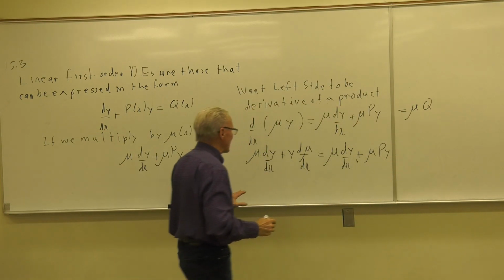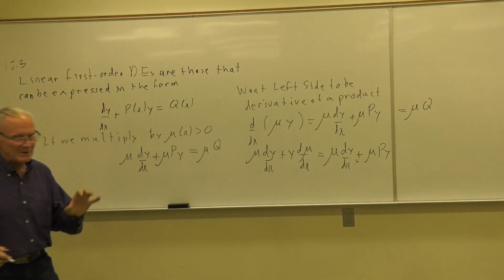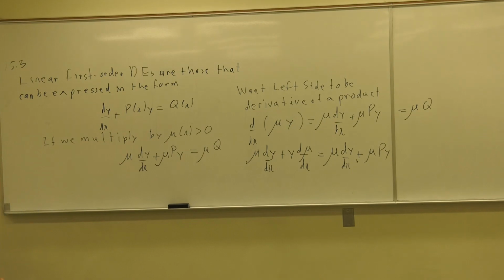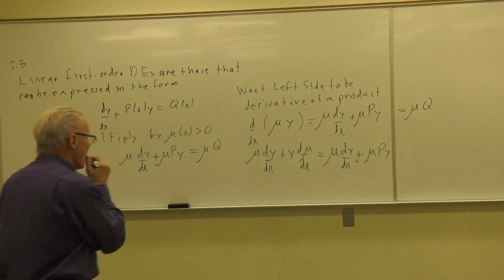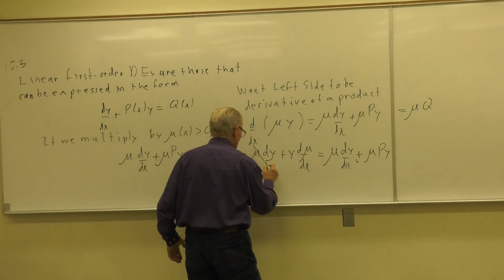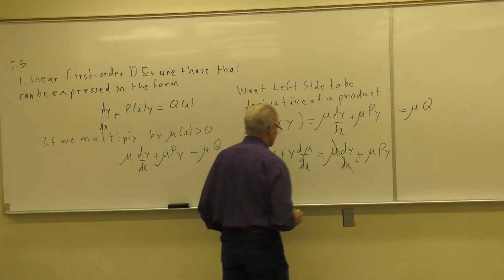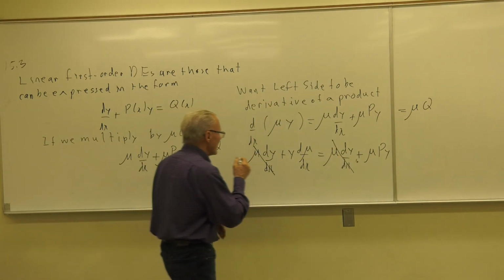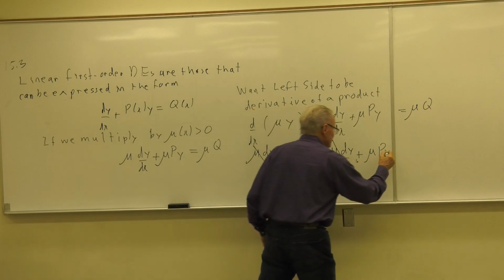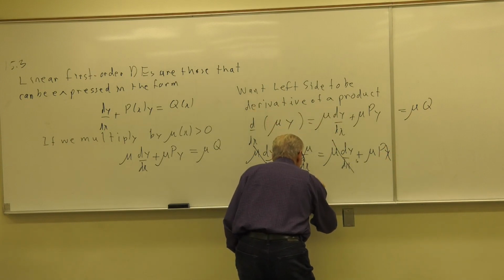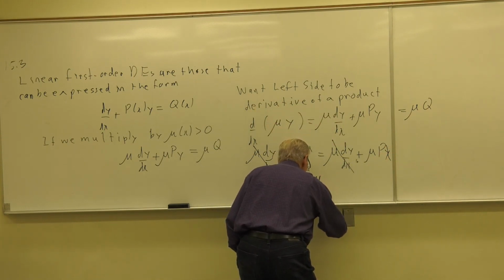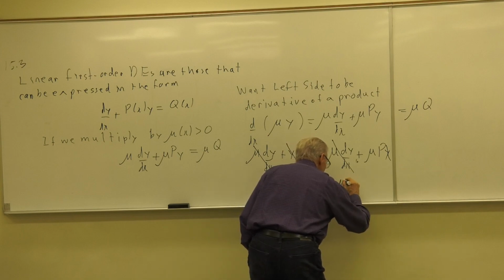Our mu that we're looking for must satisfy this. Well, you'll notice that this one cancels that one, and this cancels that. So what do we have? d mu/dx must be equal to mu p.